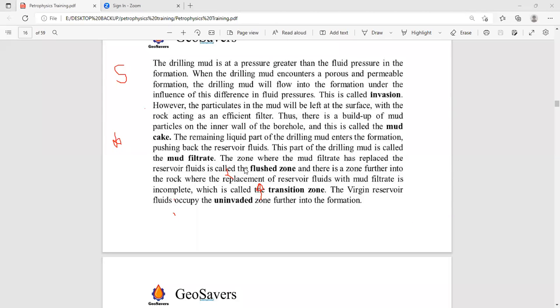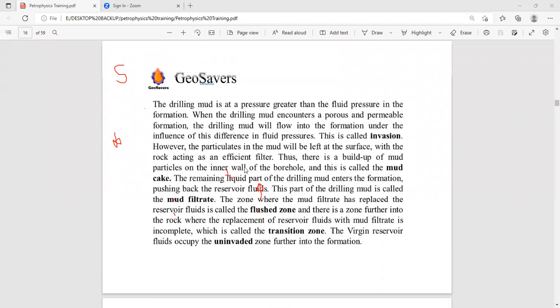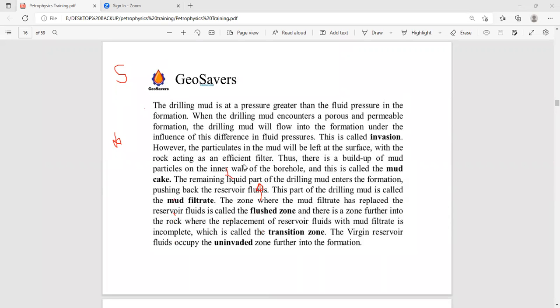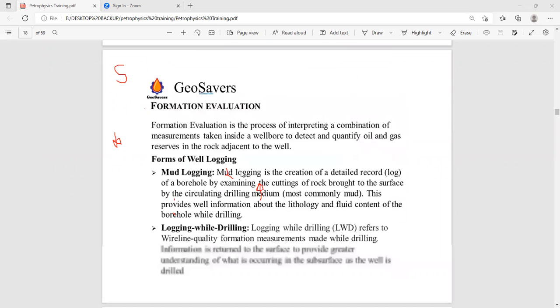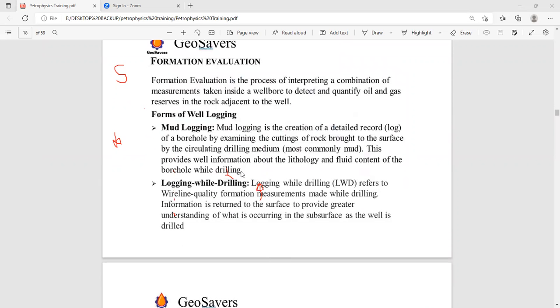All right, so all of this is just an explanation of the drilling process and how the invasion takes place. So let's get now into formation evaluation. What are the various ways in which we evaluate the formation?